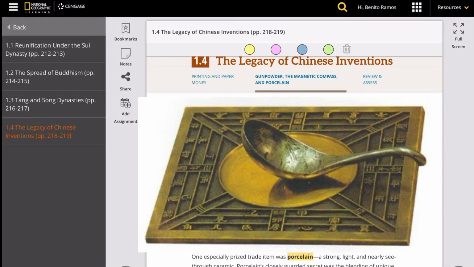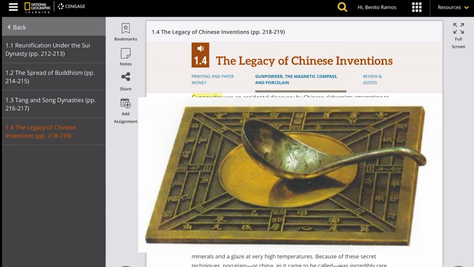The Chinese had long used magnetic compasses for ceremonies, but in the 1100s they began using them for navigation. A sliver of magnetized iron, just like what you're seeing here, although it looks a little bit golden, hanging from a silk thread or floating in water would point north and south.